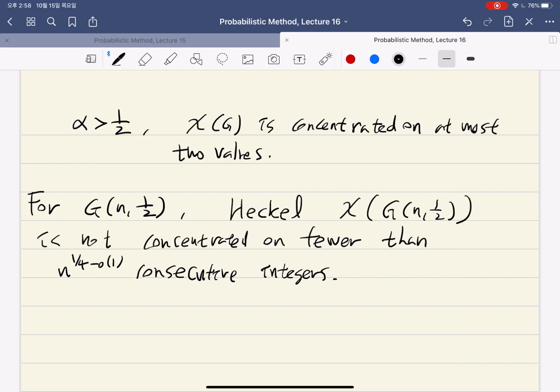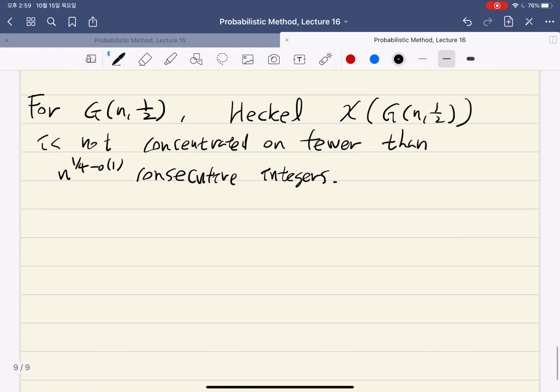So we cannot hope for such a strong concentration that there are a small number of values that this chromatic number is one of them. It could be that it's one of at least n to the 1 over 4 many values.